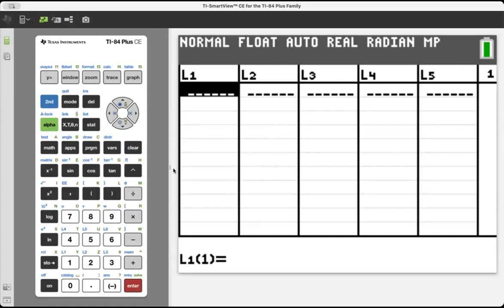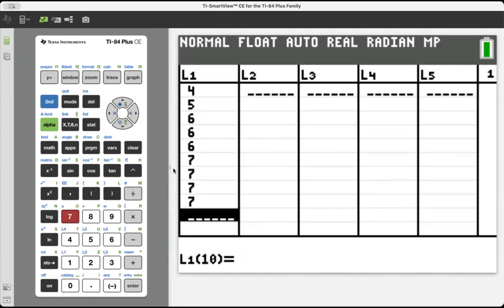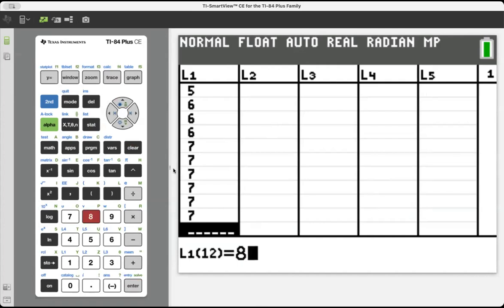But I'm going to put these new numbers in: 4, 5, 6, 6, 6, 7, 7, 7, 7, 7, 7, 8, 8, 8, 9, 10. So the numbers are in L1. They happen to be in ascending order, but they don't have to be when you do this calculation.